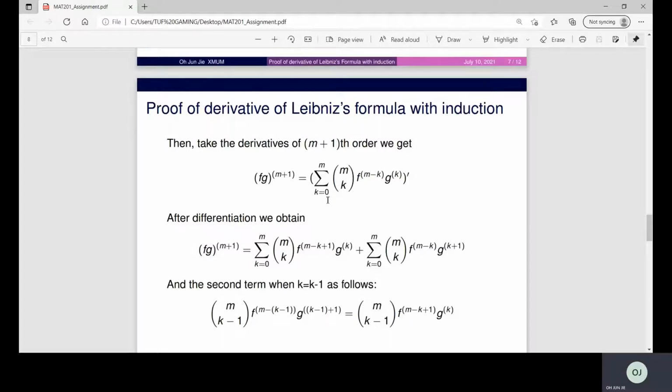So after we use the product rule to differentiate, we'll get the sum from k equals 0 to m of the binomial m choose k times the derivative of order m minus k plus 1 of f times the derivative of order k of g, plus the sum from k equals 0 to m of the binomial m choose k times the derivative of order m minus k of f times the derivative of order k plus 1 of g.